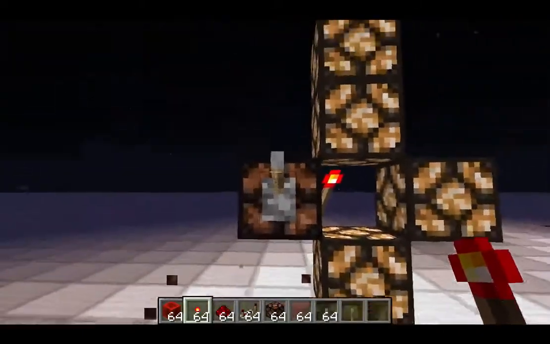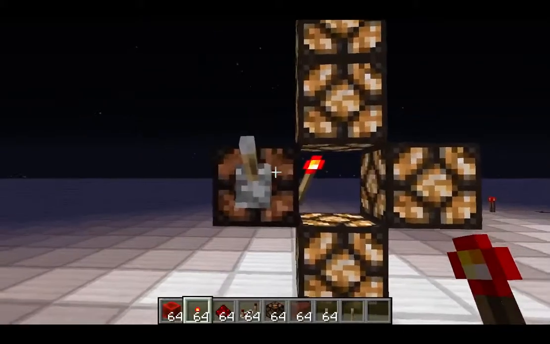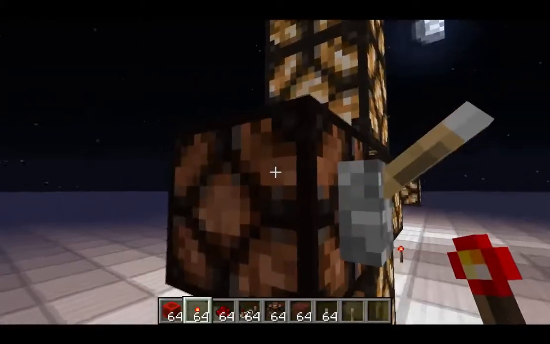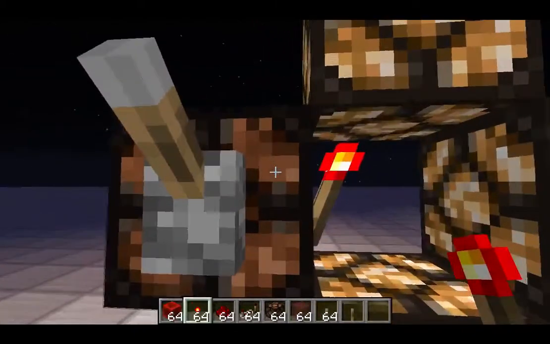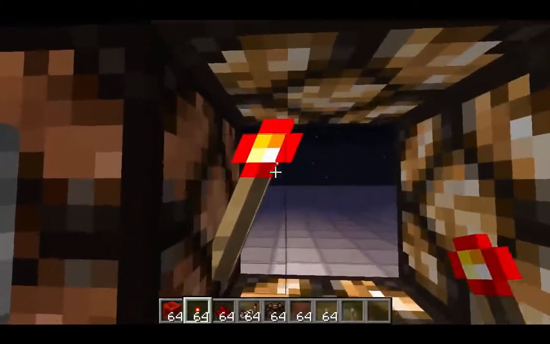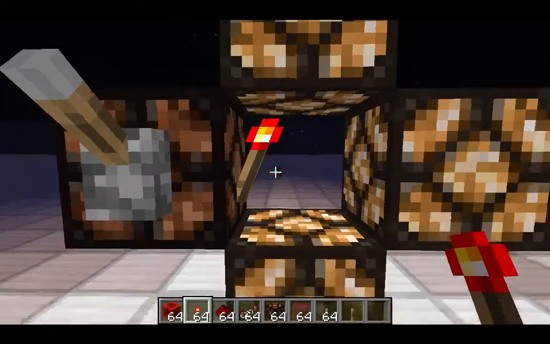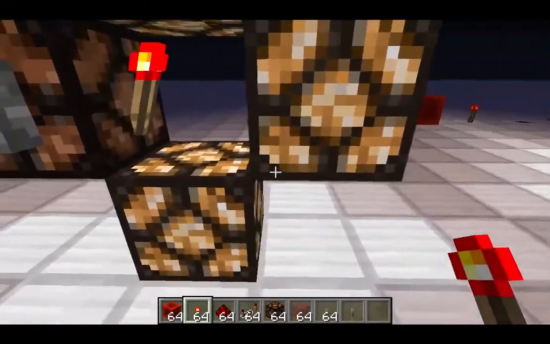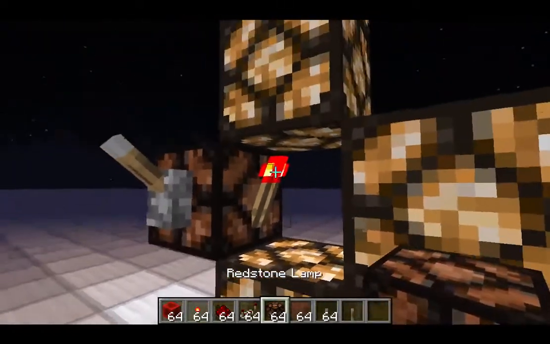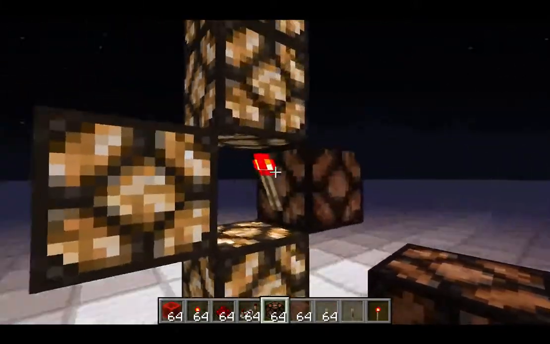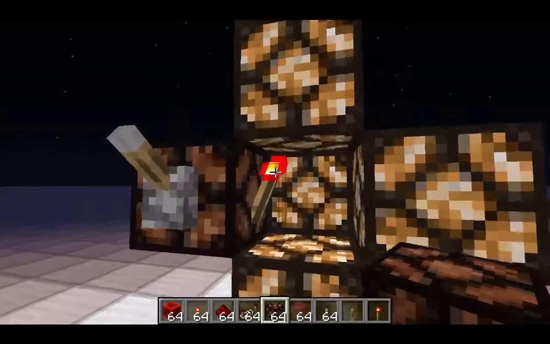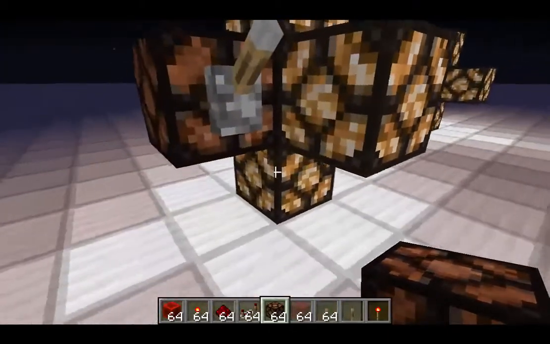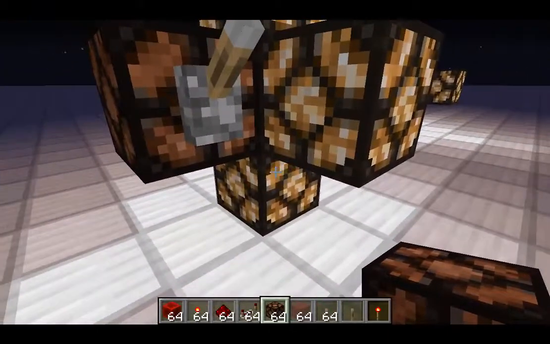We'll see that the same thing will occur, except since this block now occupies what would have been the side space of this torch, the activation of this torch is now propagated downward. So this torch will activate on one side a lamp, on another side a lamp, on a third side a lamp, and on its fourth side it would actually activate whatever block is below it.